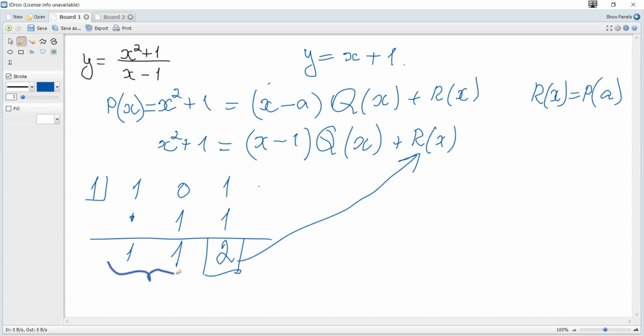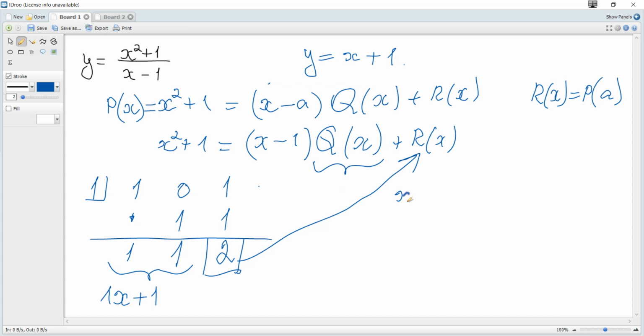And these numbers give q, and q is a polynomial 1 degree less than initial, so it's polynomial of degree 1, with these coefficients, so it's 1x plus 1.